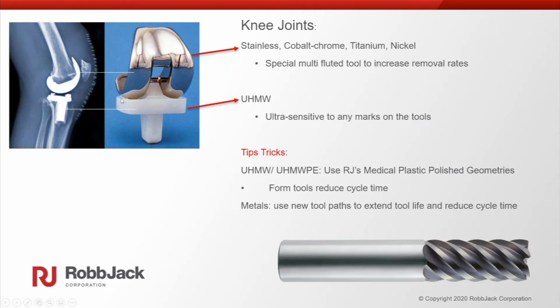So instead of having to do the 3D machining or the complex shapes that are in here, we'll do it with form tools, so you don't have to do all that surfacing. The form tool is producing that type of geometry and really reduces the cycle time when you do that.